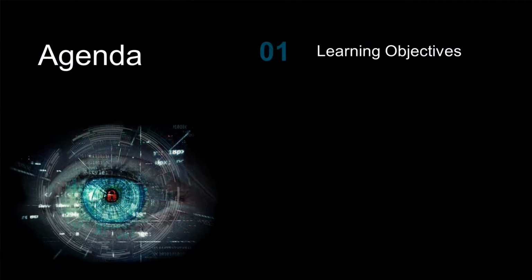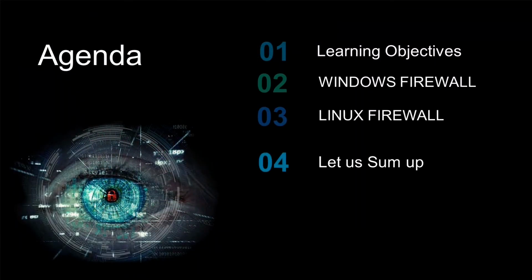So, friends, as we know, in the previous session we discussed the Windows firewall. So, let's quickly recall what a firewall is. A firewall is one kind of security mechanism provided by the operating system or some third party application.